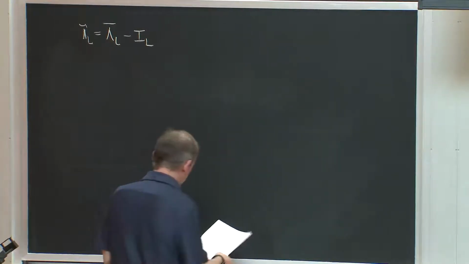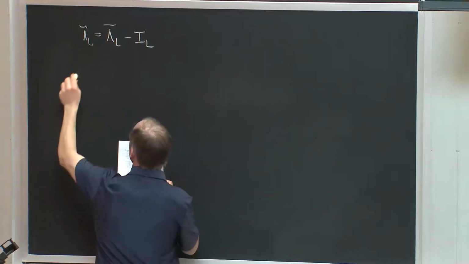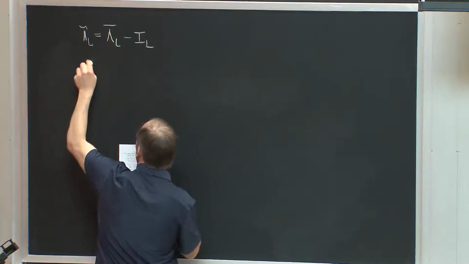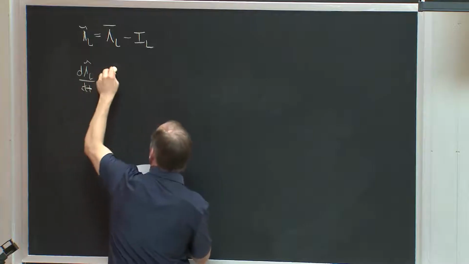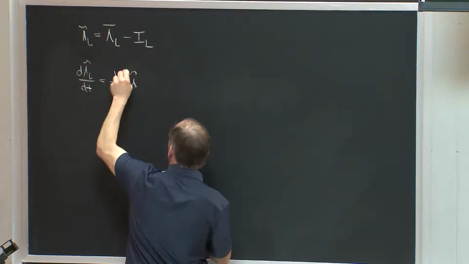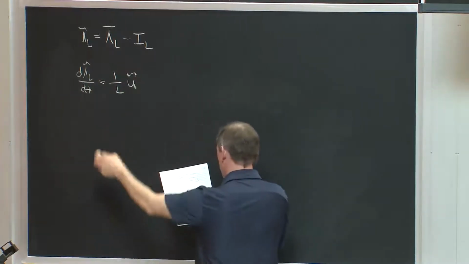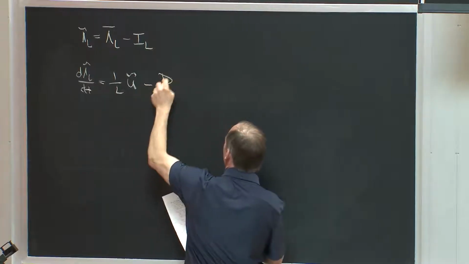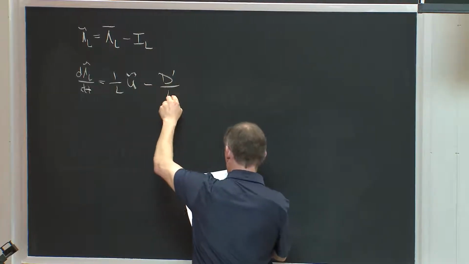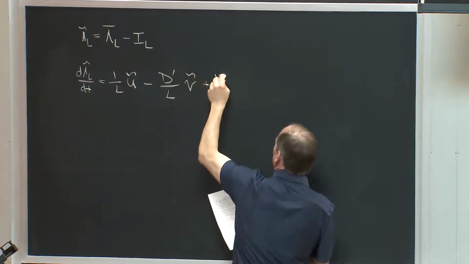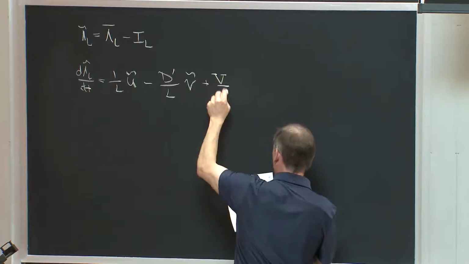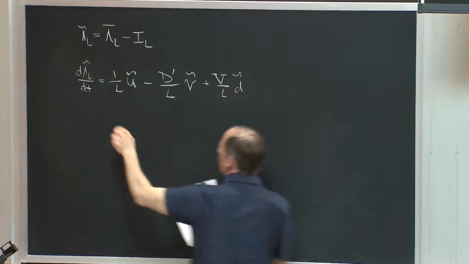And when we did that, we said, okay, here's the kind of equations I'm going to get. I'm going to get dIL tilde dt is equal to 1 over L U tilde minus d prime over L V tilde plus V over L d tilde. Okay.